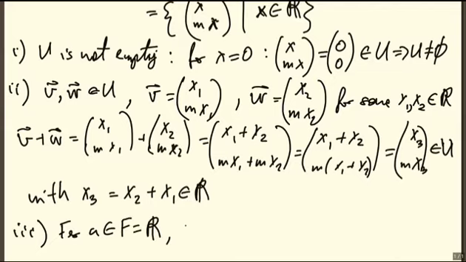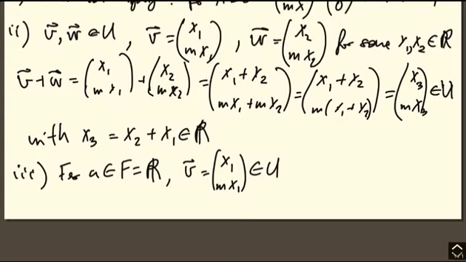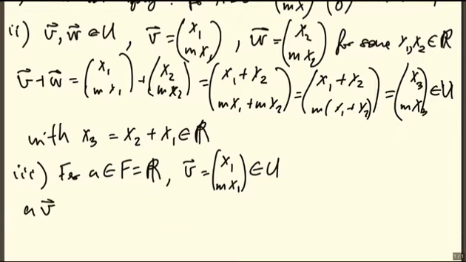Then if you have a vector v, then it has the form (x1, mx1) if it's in the subset U. Then for this we write how a times v looks like, and it has the form a times (x1, mx1).